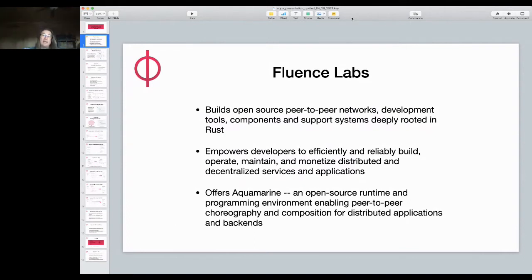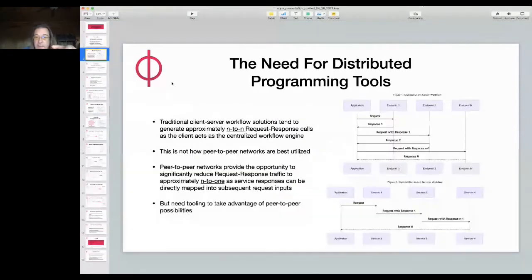So why do you need distributed programming tools? One of the interesting aspects of peer-to-peer is how you can change the request-response paradigm. That's very different from a client-server perspective, where you generally have a request-response pattern that's end-to-end. You send a request to some API, you get the response back to your client, and you send it back out.